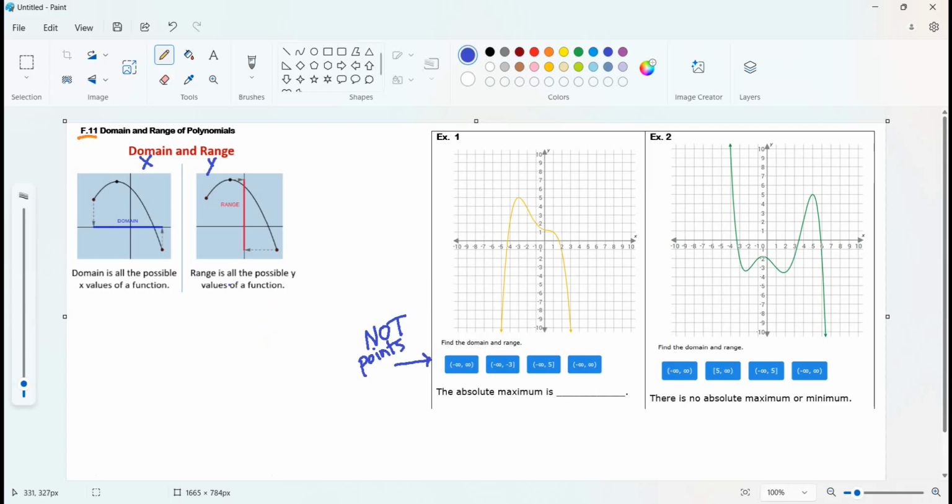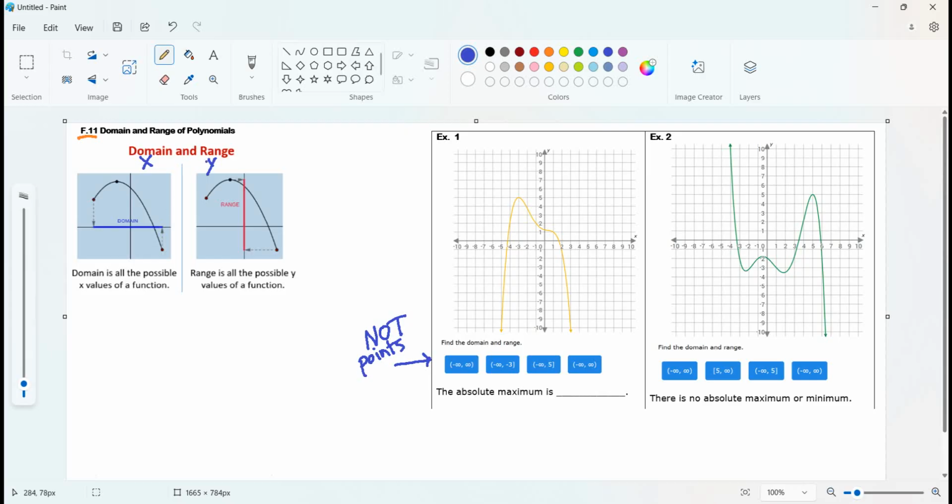Just to review, the domain of a graph or an equation is going to be the x values. So when we're talking about the domain, it's how many possible x values are included in that function.